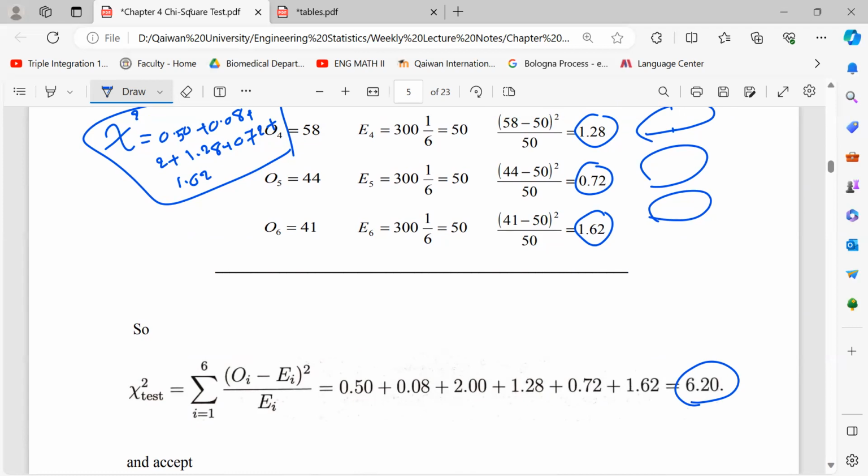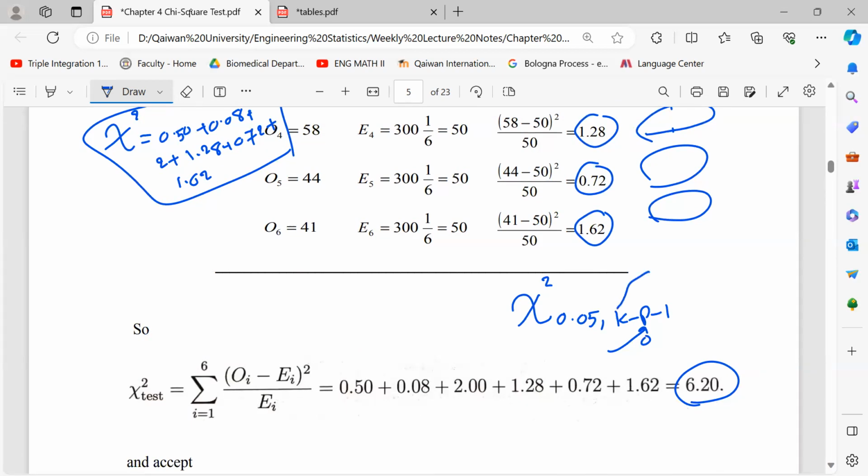Then we need to find chi-square of 0.05 and k minus p minus 1. There is no unknown parameter here, which means p is 0.